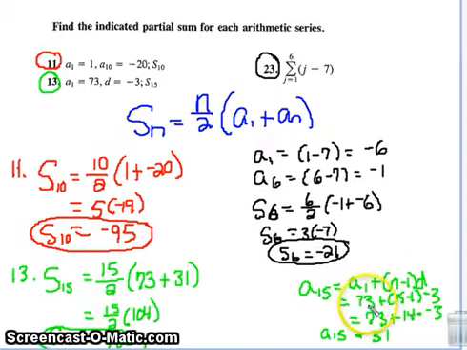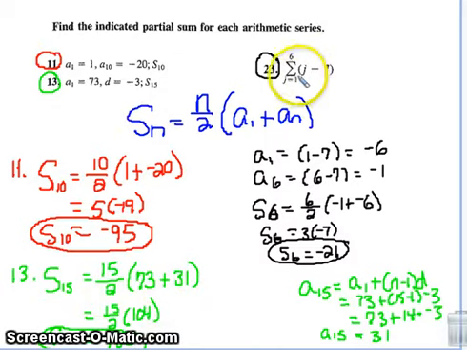So you plug in 73 plus 15 minus 1 times negative 3, and then that'll be 14 times negative 3. So your 15th term is going to be 31, and then all you have to do is do 15 over 2, and then you've got 73 plus that 31 to get the 780.